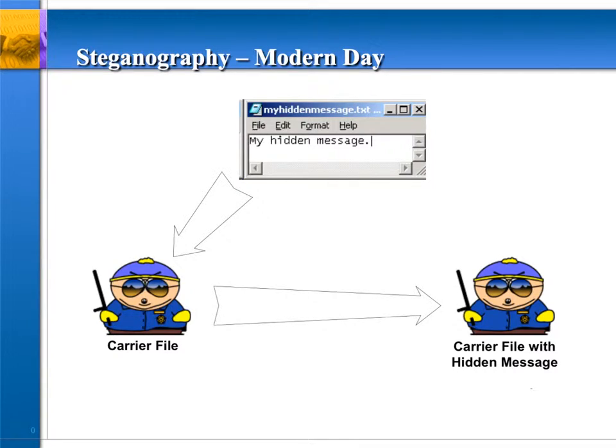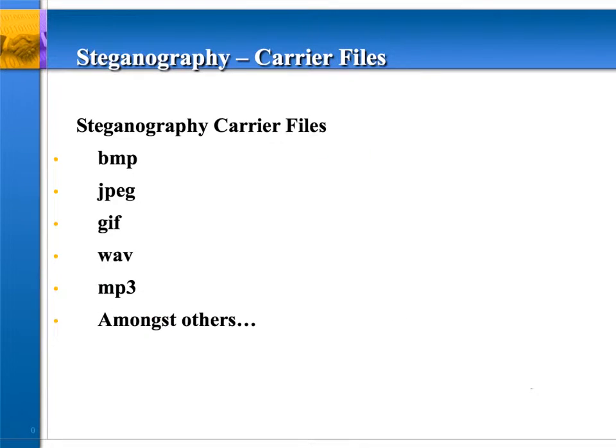But by just looking at the image, the person wouldn't be able to notice anything going wrong with that image, or anything fishy. The carrier files can be a bitmap like tonight. It can also be JPEG, GIF, WAV, MP3, and a whole bunch of other extensions that it could hide data in.